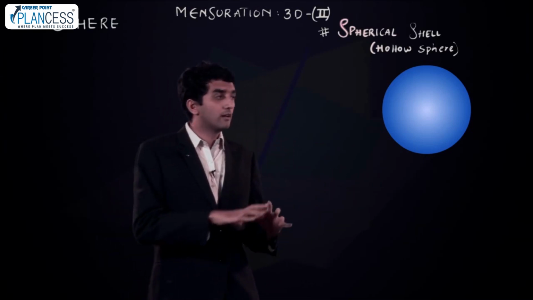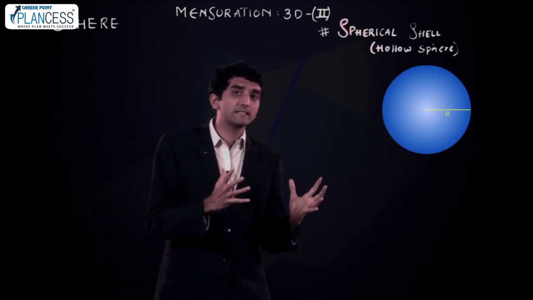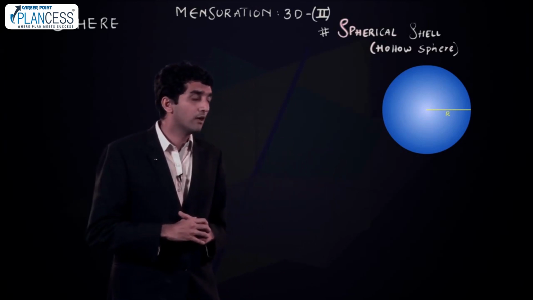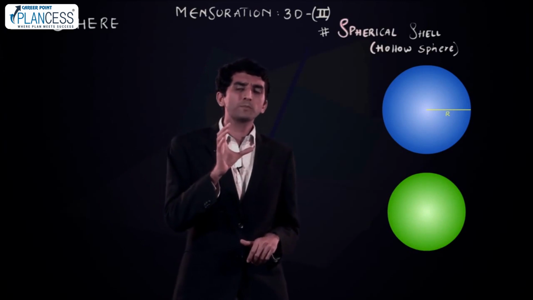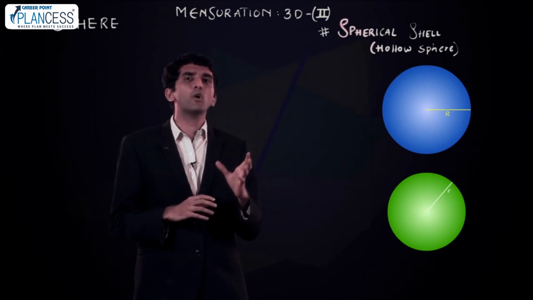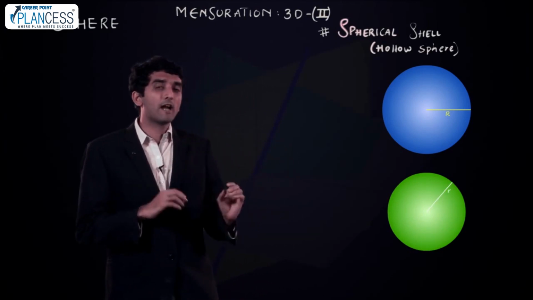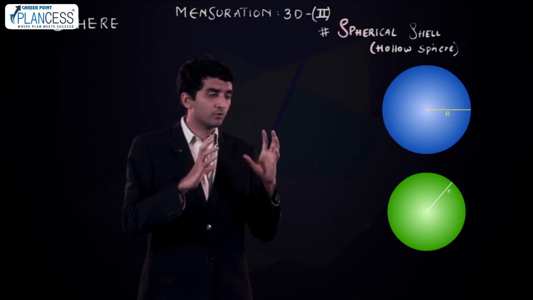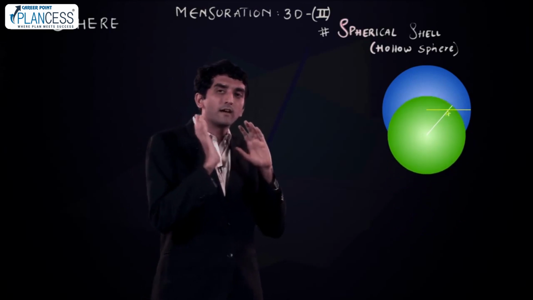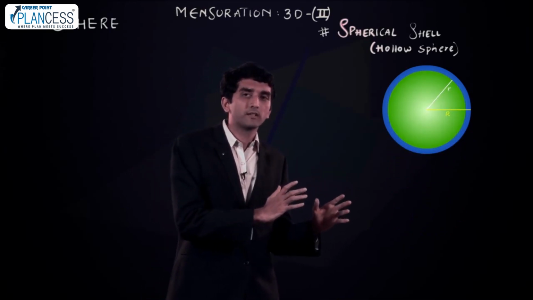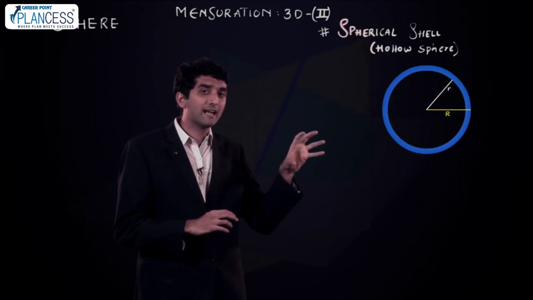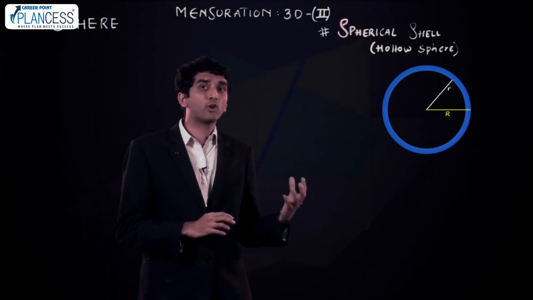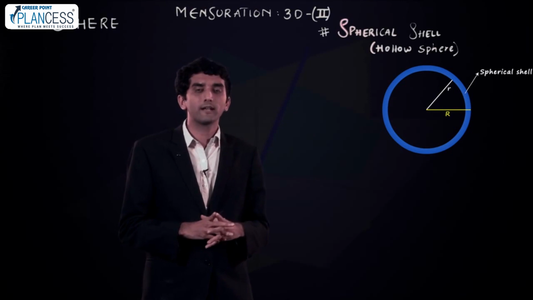Think of it in this way. We have a larger sphere of radius capital R. Now, we have a smaller sphere of radius small r. Now, if I coincide the centers of both these spheres, so if I put this smaller sphere right at the center of the larger sphere and eliminate that volume, then the remaining solid that we get is a spherical shell.